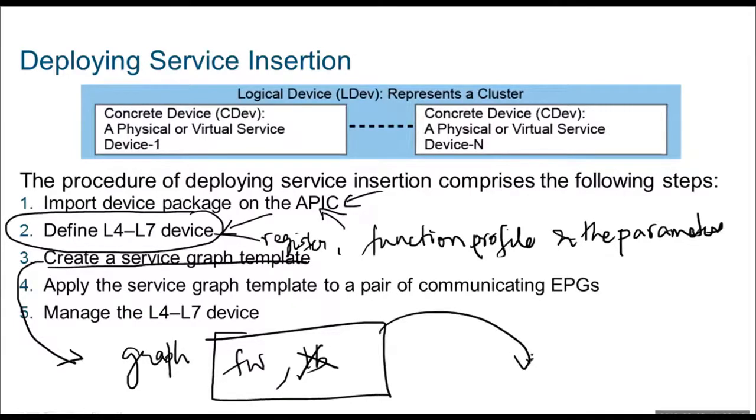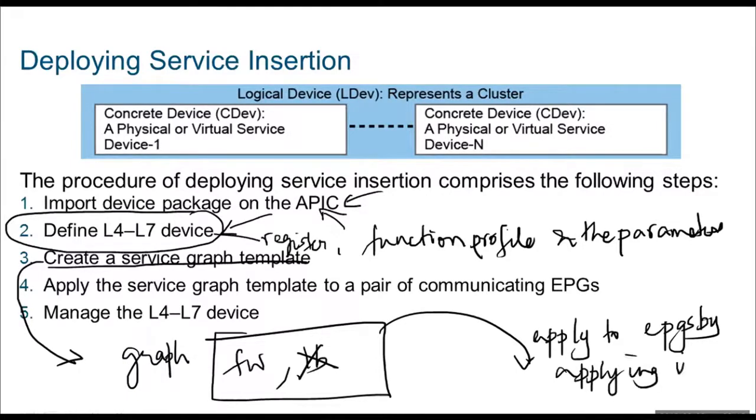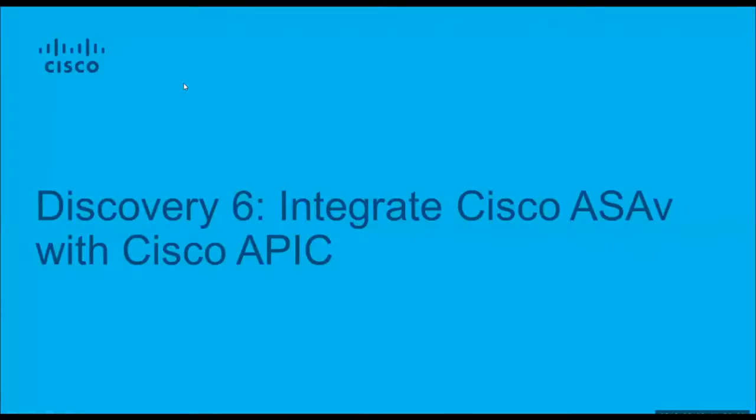Then you apply it to your EPGs by applying it to the contracts. And then, of course, you should be able to verify that these settings have been propagated onto your layer 4 to layer 7 device. You can always verify it on your layer 4 to layer 7 device. The settings should propagate there.